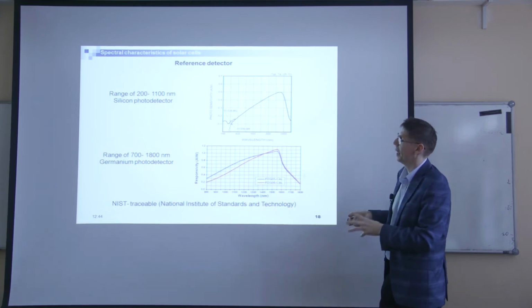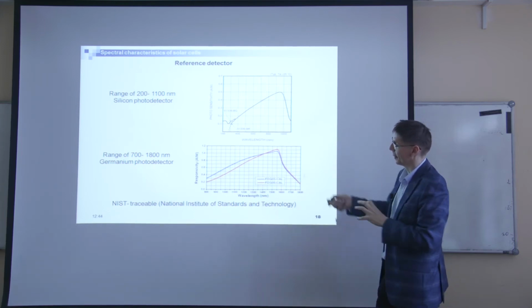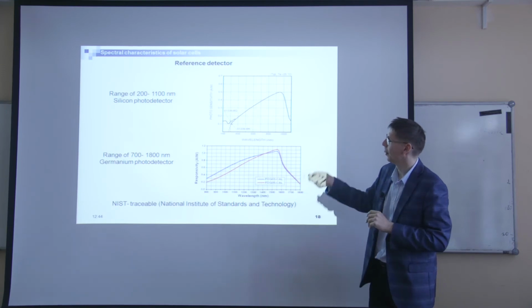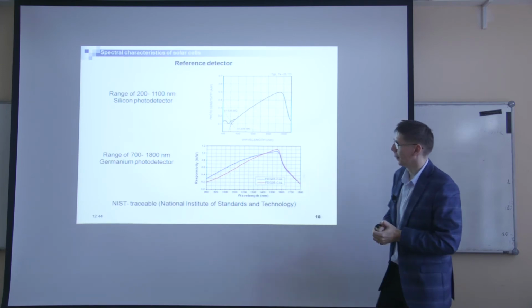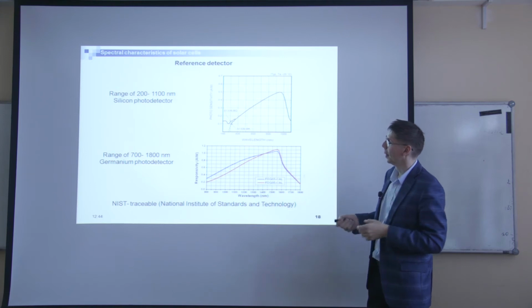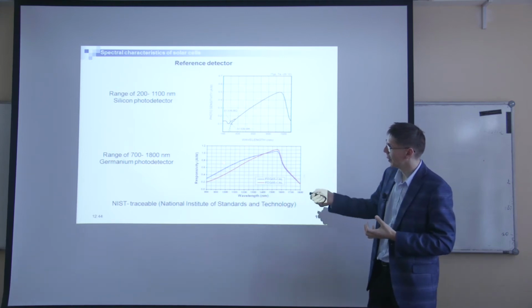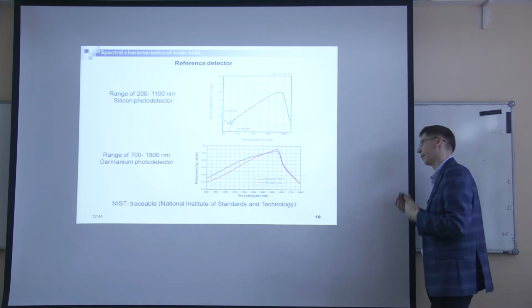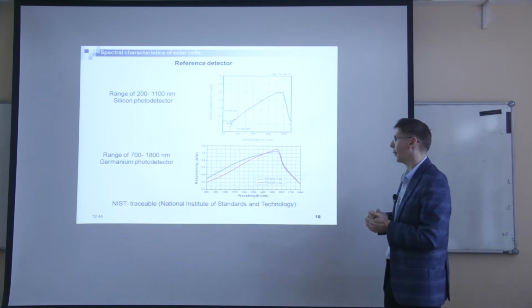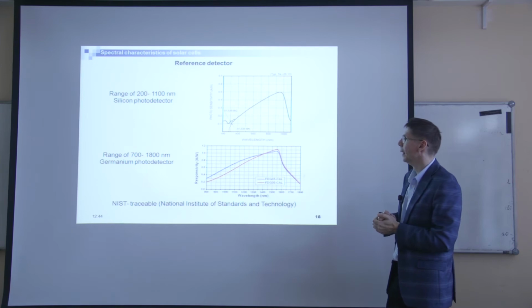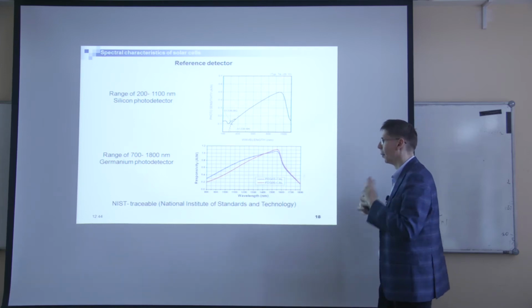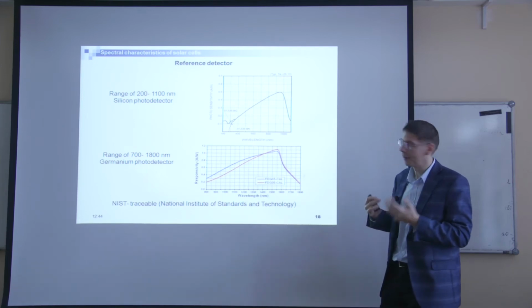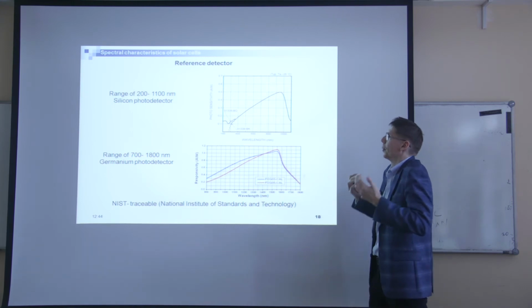Here it is the same. For example, if you have a sensitivity, you know exactly the current at each wavelength, or you know exactly the quantum efficiency. It's one of the most important things, because otherwise it's not a reference detector.